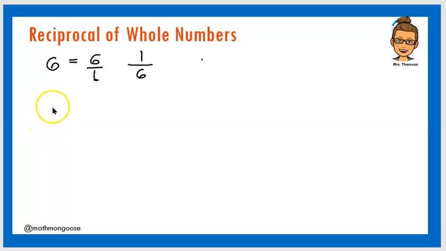All right, let us try another one. Let us try 8. The first thing that we're going to have to do is convert the whole number 8 into a fraction, and that would be 8/1, and the reciprocal is 1/8. Now I don't want you to think that reciprocals only work for single digit numbers.